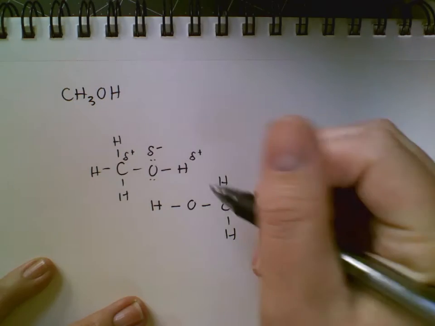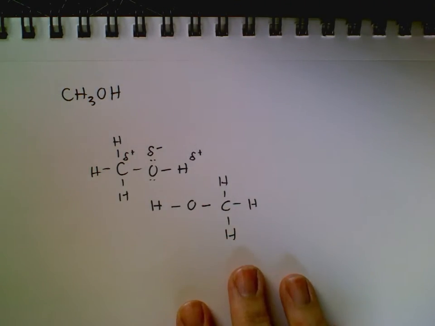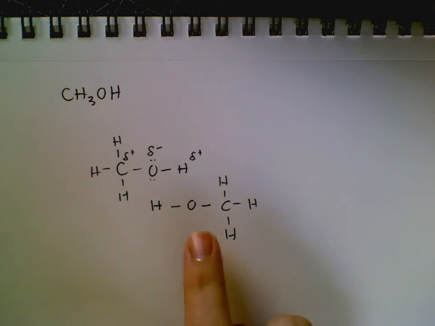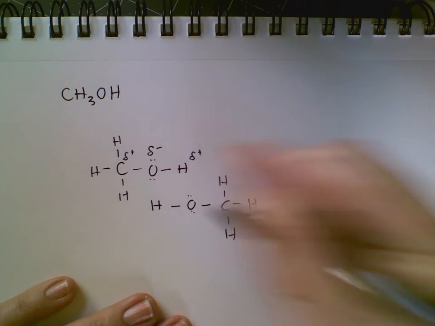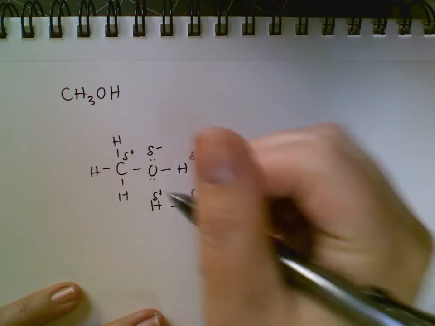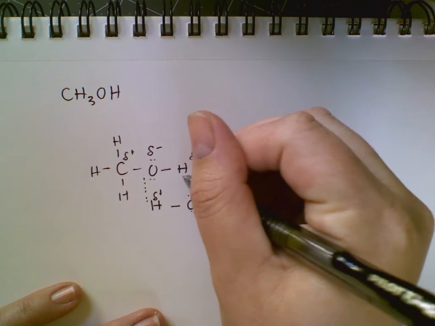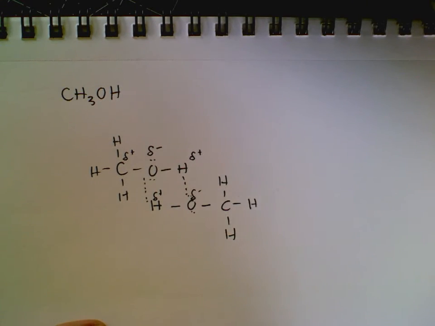If you took this guy and flipped it over, you would have this Lewis structure. So I've got a partial negative and a partial positive here. To draw the attraction, I'm just going to draw some dotted lines to show that these are attracted to each other.